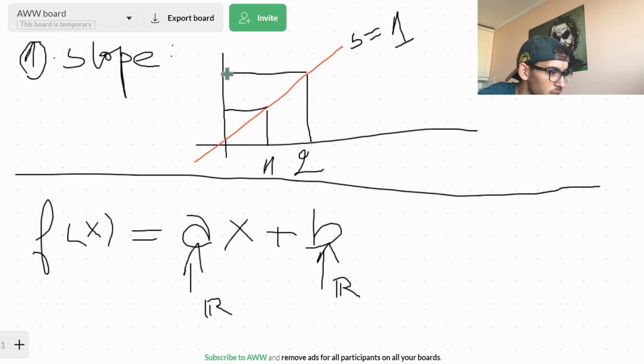And this is 1, I mean not exactly 1, let's say this is 1.1 and this is 2.1. Okay, we add 1 to the x's and we get 1 added to the y's, to the output of the function. Now if the slope is 2, for example, and we add 1 to the x's, we'll be adding 2 to the y's, to the outputs, because the slope is bigger.